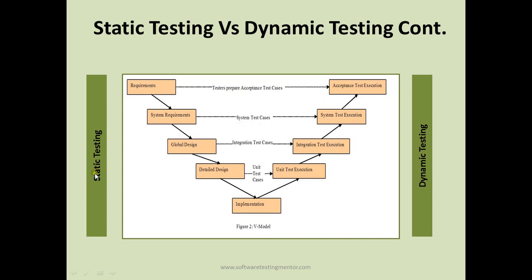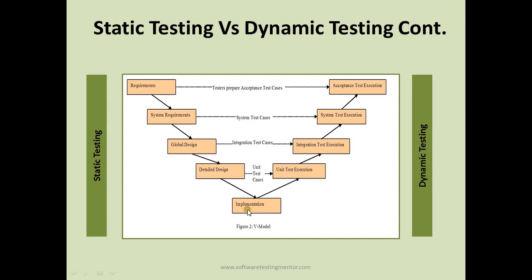This is all testing that is done for the software requirement specification, for the design documents, like high level design and low level design documents, or the actual code that is being implemented. If you are reviewing the code without executing it, all of that is static testing.